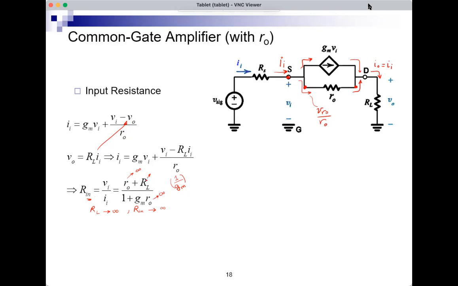The input resistance is now dependent on the load. So from now on, whenever I have an input resistance for an amplifier that depends on the load, I will add N to RI and call it RIN. So it's still VI over II, and everything is still the same, really. It's called input resistance, and it's input voltage divided by input current. But it's only just to remind myself that this particular input resistance depends on the load.